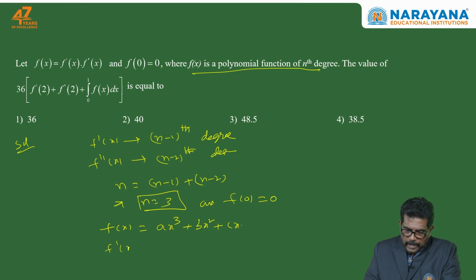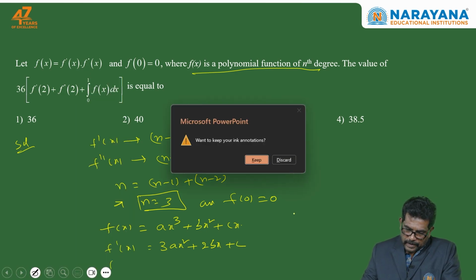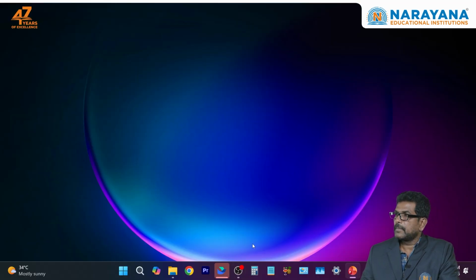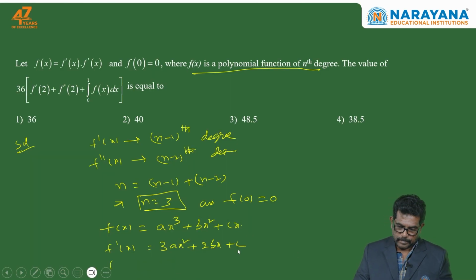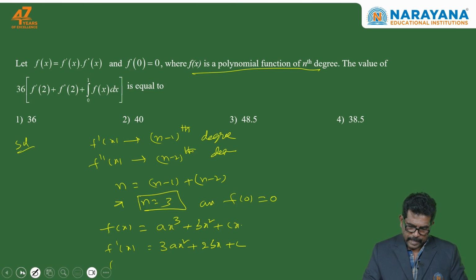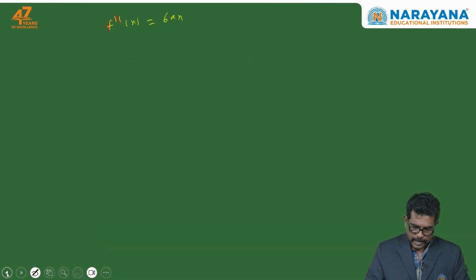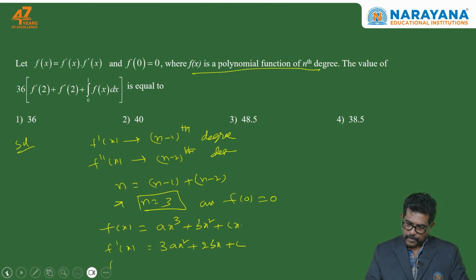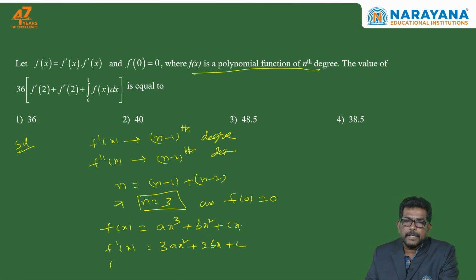Now from this, f dash of x, you know, is 3ax square plus 2bx plus c, and f double dash of x is 6ax plus 2b. So f of x is equal to ax cube plus bx square plus cx.